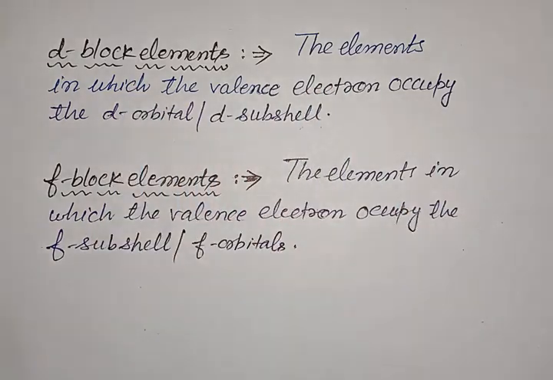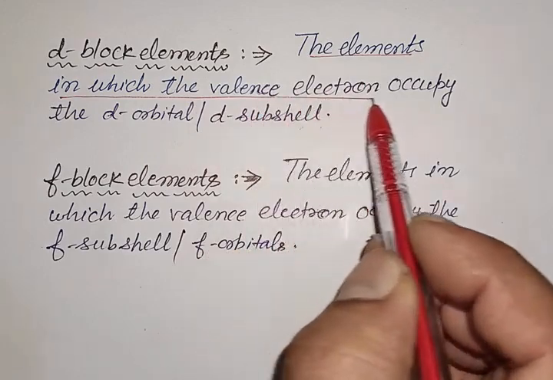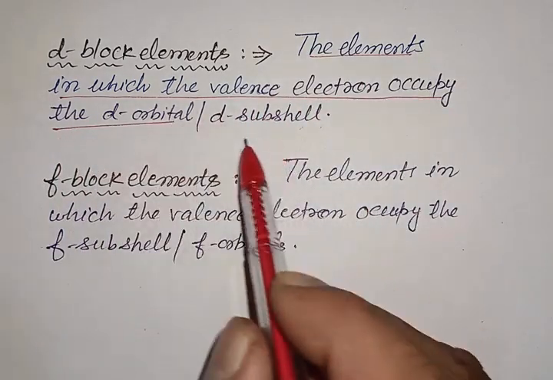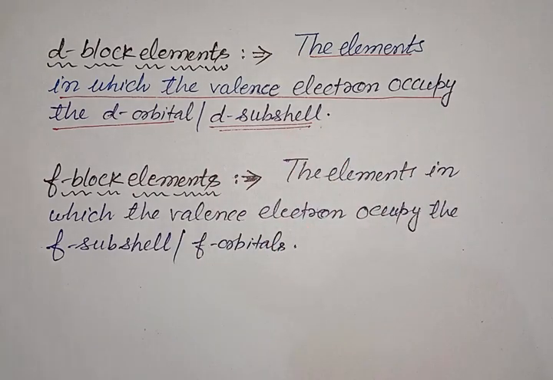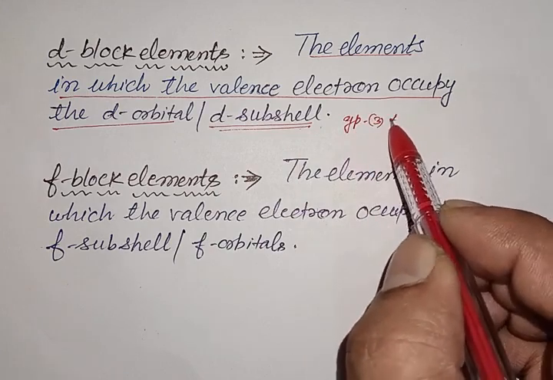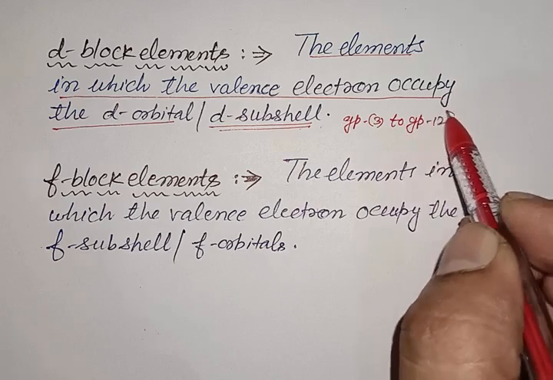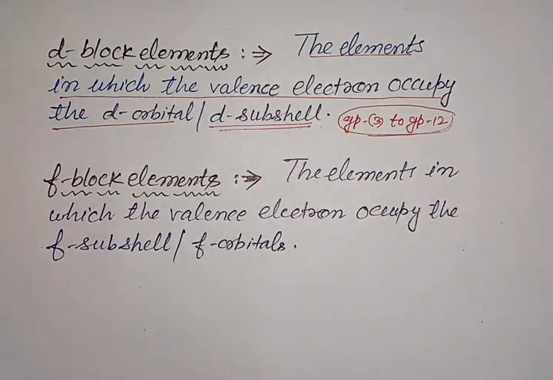Next one is the D block elements. The elements in which the valence electron occupies the D orbitals, or D subshells, are called D block elements. The elements from group number 3 to group number 12 in modern periodic tables are called D block elements.